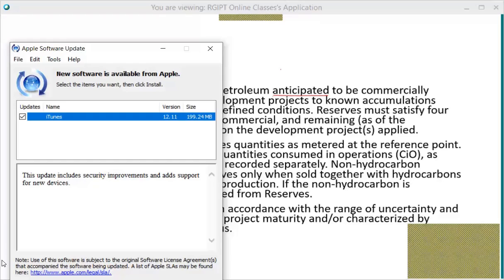If the non-hydrocarbon is separated before sales, it is excluded from reserves. Now, reserves are further categorized in accordance with the range of uncertainty and should be subclassified based on project maturity and or characterized development and production status.